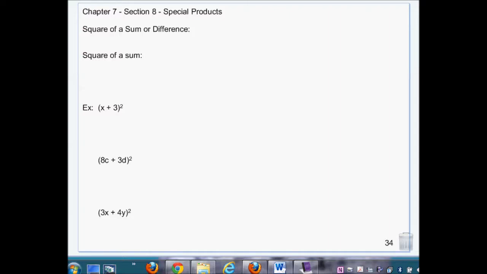Square of a sum. If I take two things and I FOIL them, one thing, and I square it, so it's itself times itself.